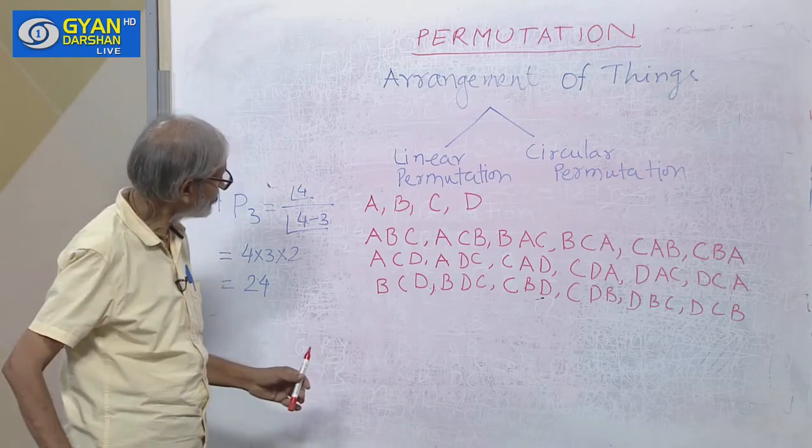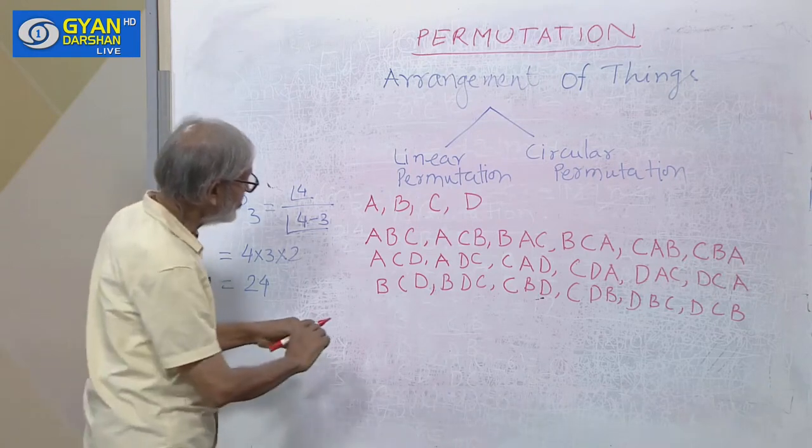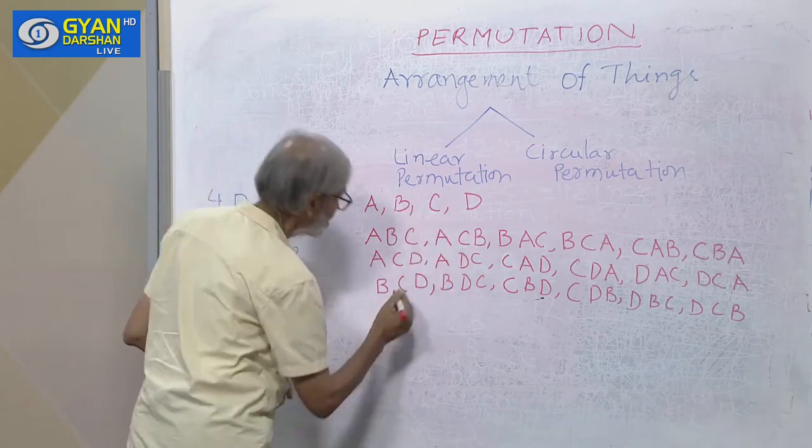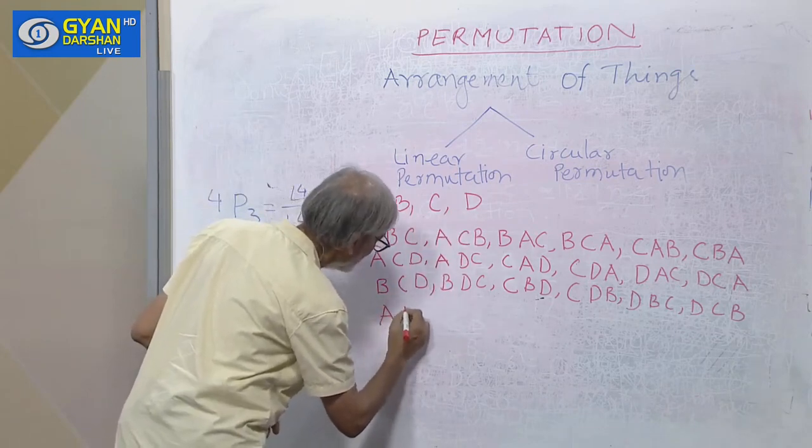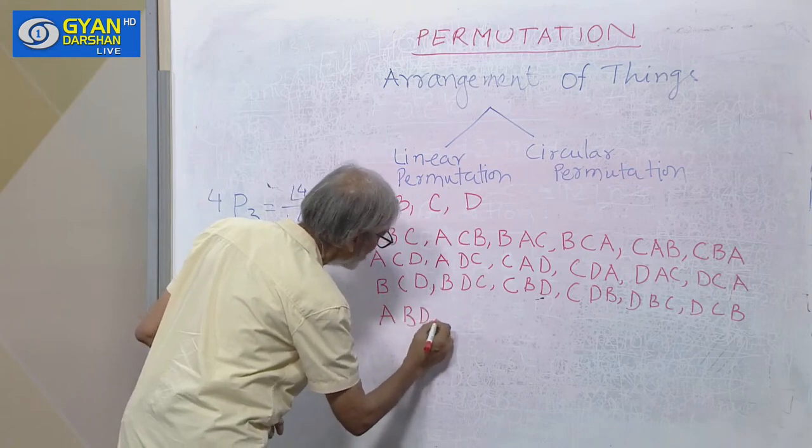Yes, A, B, D is missing here. So, if I take A, B, D, again 6 will come here.